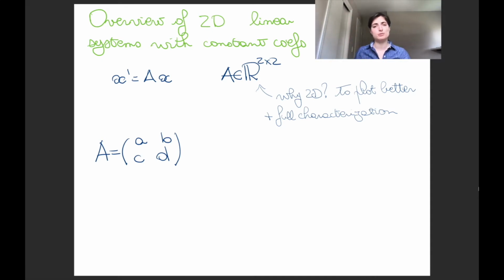It is possible to extend all that we are seeing to 3 dimensions, but it's just cumbersome to plot it, so it's less graphically available to us. And 2x2 allows us to give a full characterization of everything that is happening, and it's short enough to be condensed. So we have an ODE of the form x prime equals A x, and the matrix A that is a, b, c, d in a 2x2.